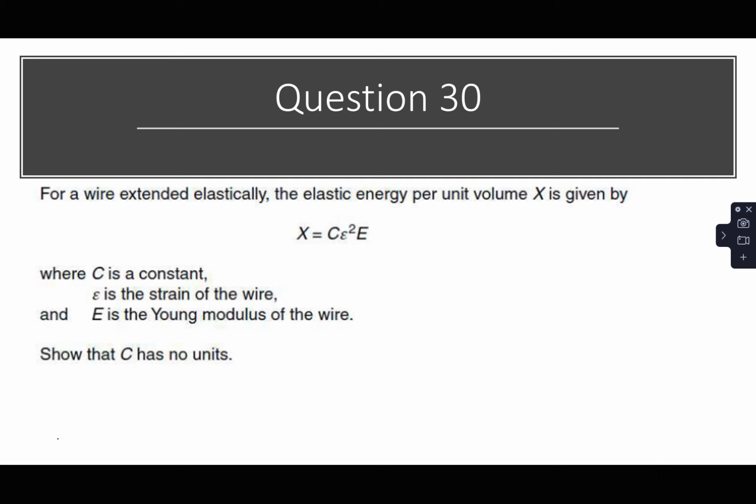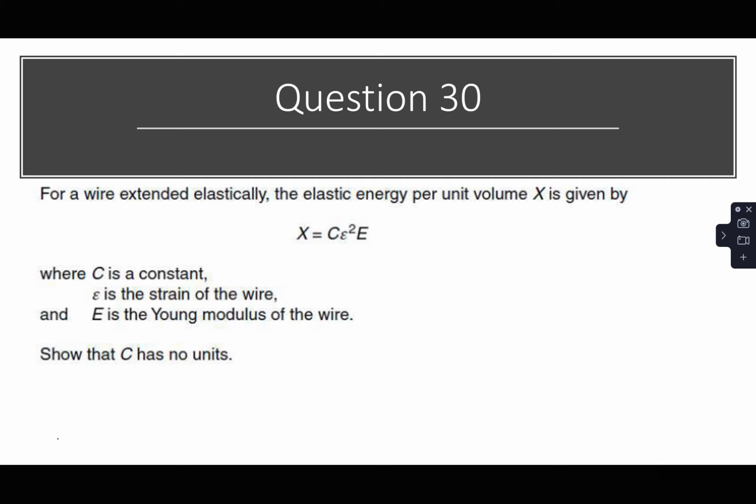For a wire extended elastically, remember from the deformation of solids, a material is extended elastically if, when the deforming load is removed, the material returns to its original length.